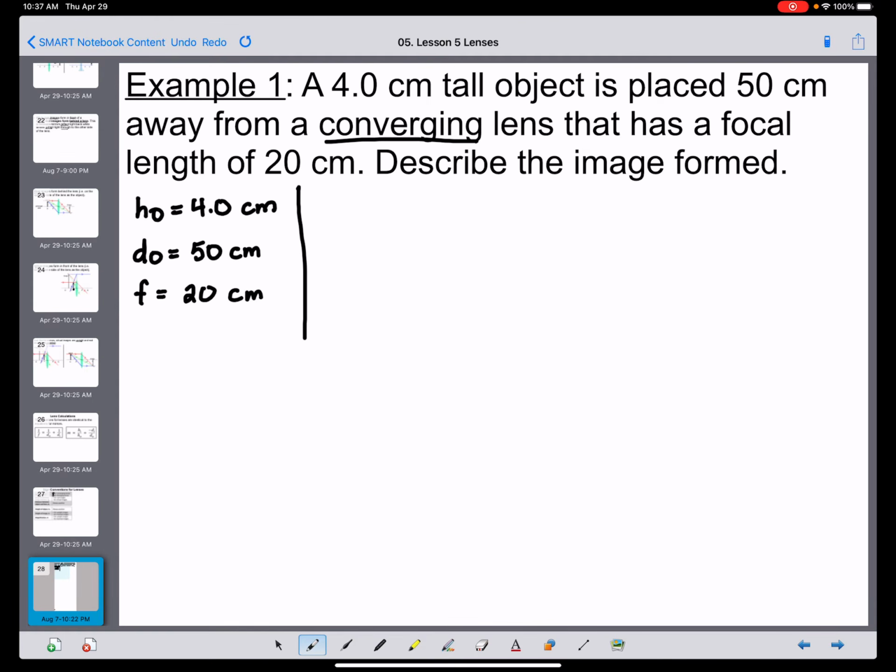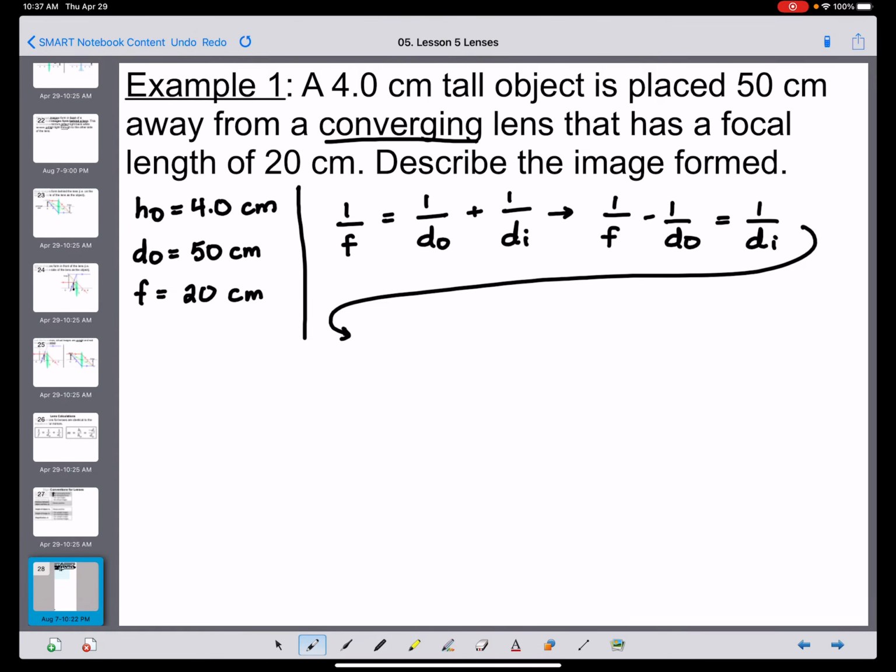So just like before, to do that, I'm going to calculate DI. Using the focal length formula, I can rearrange for DI. So 1 over DI equals 1 over F, which is 1 over 20 centimeters, minus 1 over DO, so 1 over 50 centimeters. I did that earlier, and I got 0.03 centimeters inverse.